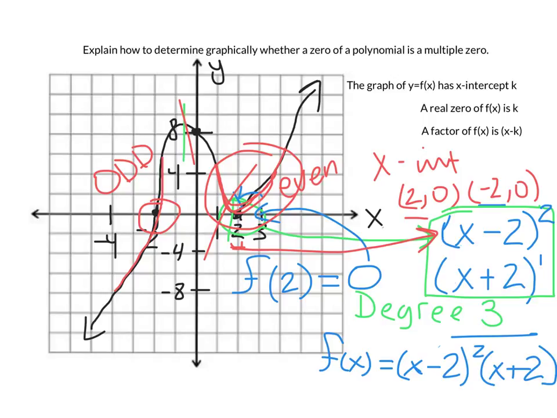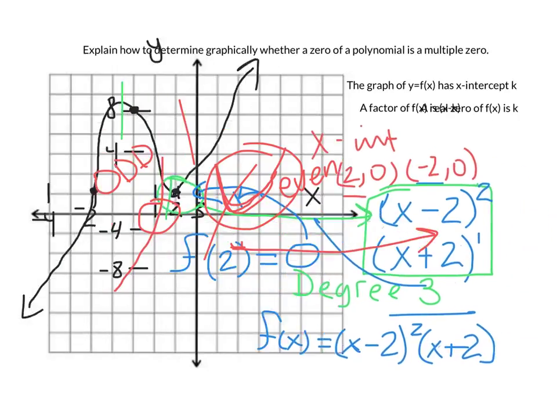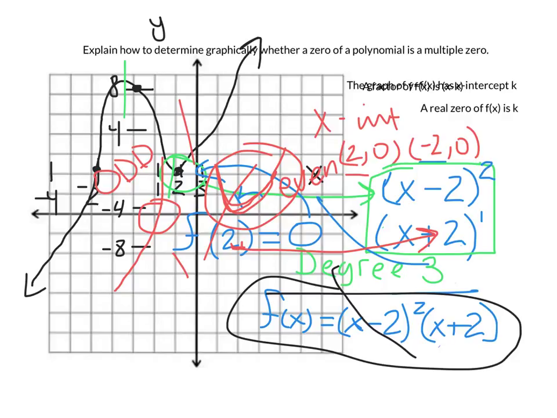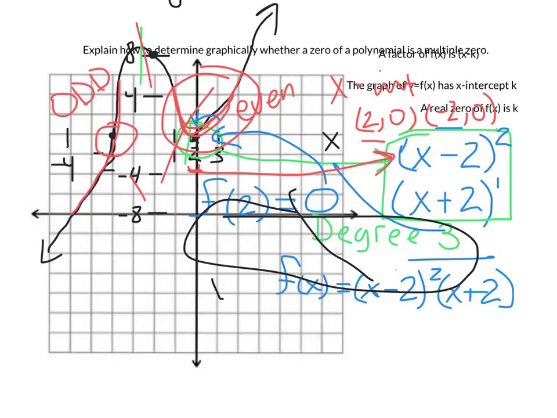If you FOIL out this entire thing here, you should get, let's see, I think it's x to the third because it is a third degree, minus 2x squared minus 4x plus 8.